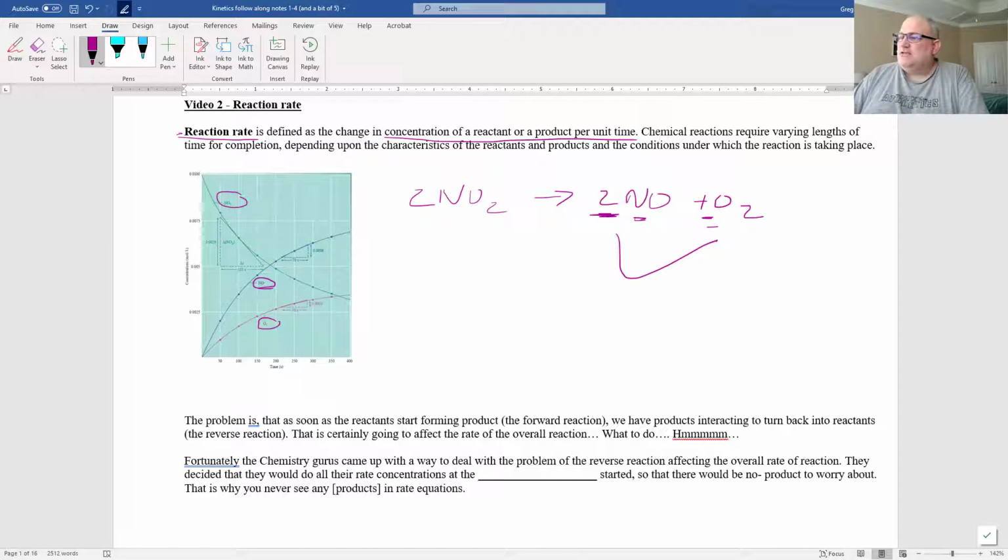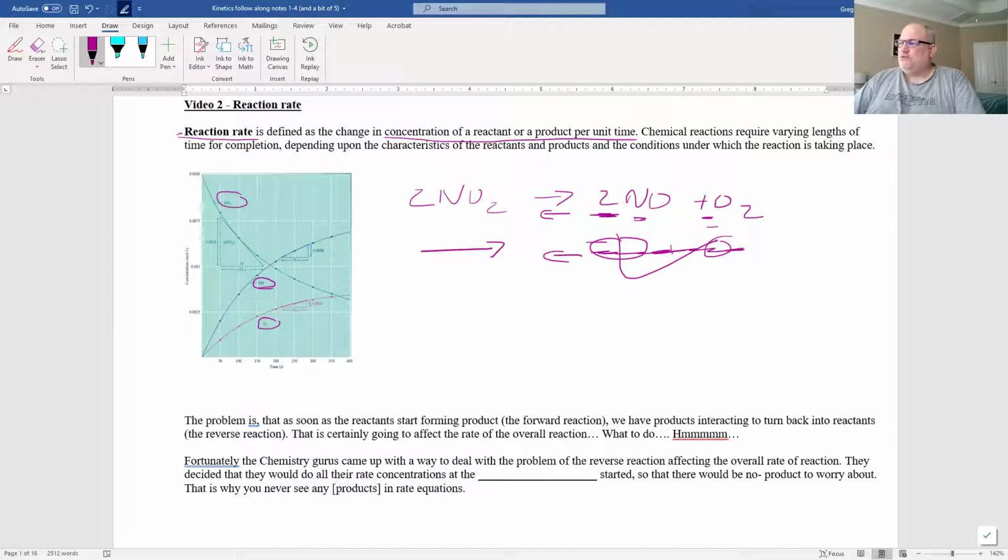Yeah? So this is interesting because whenever we start talking about reaction rate, the instant that this reaction starts going like this, we start getting products, and a lot of reactions are reversible, aren't they? As soon as you start getting products over here on this side, these guys right here are going to want to react and reform over here.